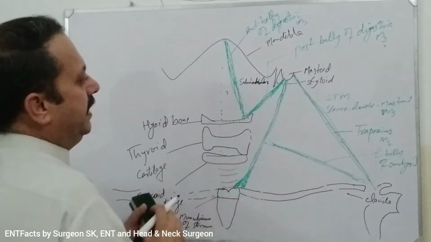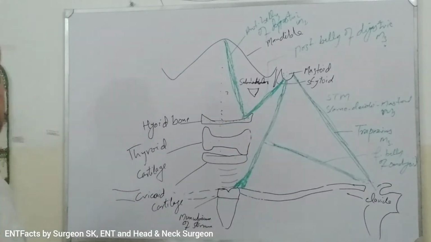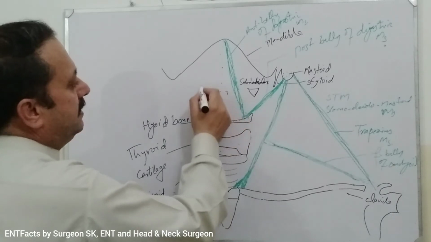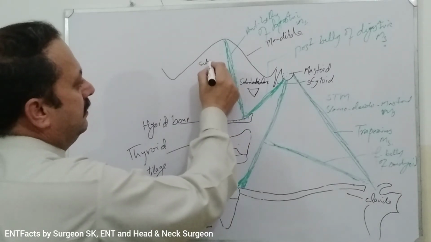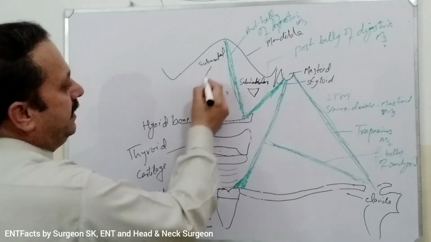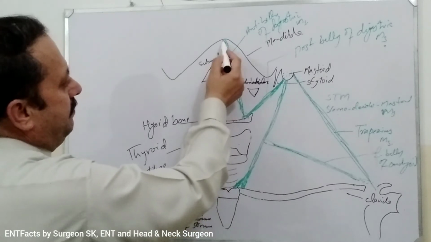Better I will make it like this according to the shape of the triangle, while this is called submental triangle. I will make this like this because the submental triangle has the apex above and the base below.